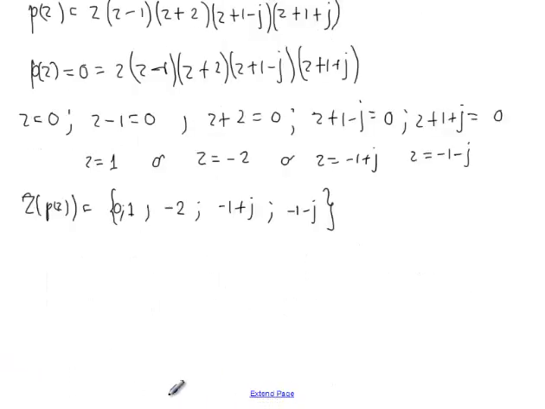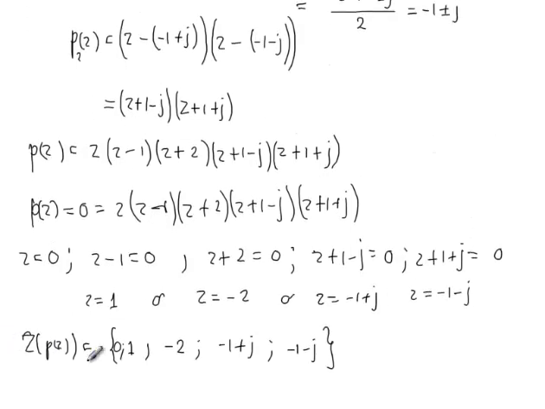Right, guys, comments. What do you say? This is the complete set of zeros. I've given there my complete factorization of the expression, and this is the complete set of zeros.